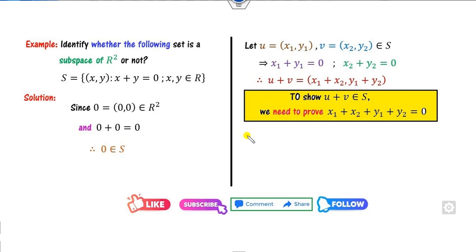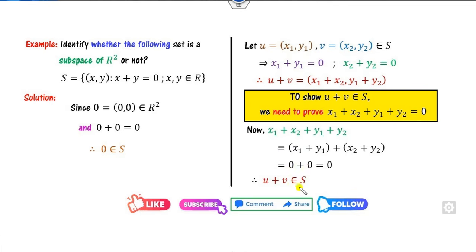Now your target is this. I can start from the left hand side, x1 plus x2 plus y1 plus y2. I can write x1 plus y1, x2 plus y2. So it's 0. So it is satisfied, therefore u plus v will satisfy S.